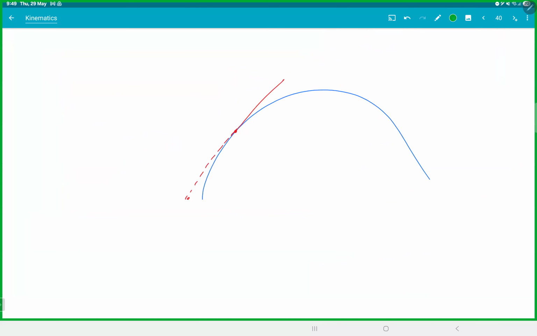If I ask you at this point what the velocity direction is, won't you just draw in this direction only? Velocity is along the tangent. A tangent is simply a line which is grazing at one point. That need not be a maximum or a minimum point.